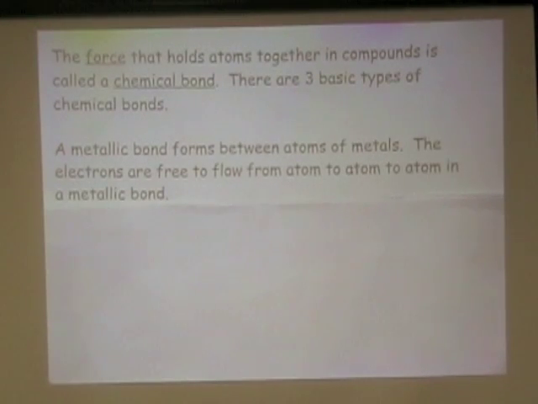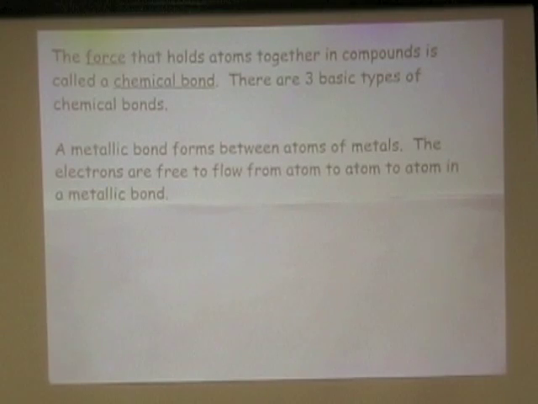We're going to talk a lot more about bonding in February at much greater depth. So really, we need to keep in mind that this is just a quick overview because it's going to help us in what we're going to do next, and that is naming different compounds.